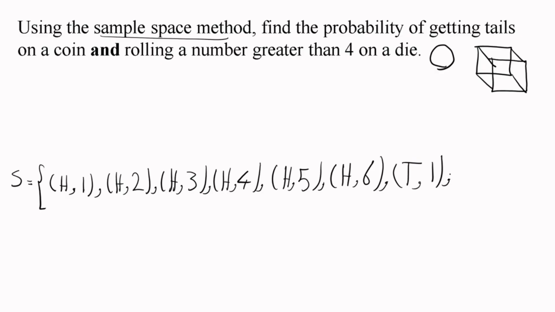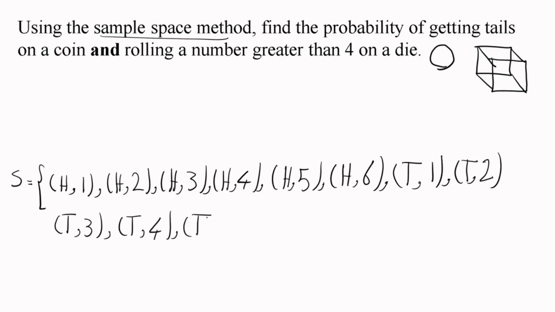Tails 1, tails 2, tails 3, tails 4, tails 5, and finally tails and 6. These are all the possible outcomes that are members of sample space.